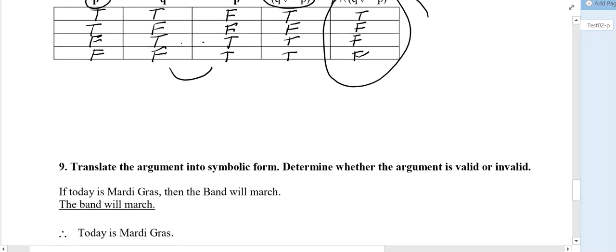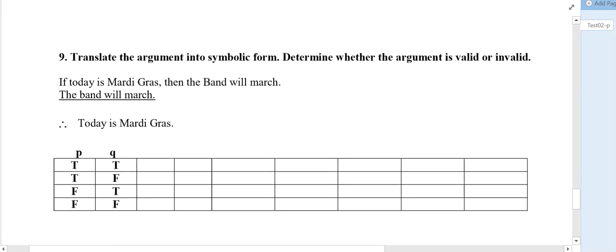For the next one, we want to translate the following argument into symbolic form, then determine if the argument is valid or invalid. So my first step is to write this in symbolic form. Our first premise right here is going to be P implies Q. The second premise is going to simply be Q, the band will march.